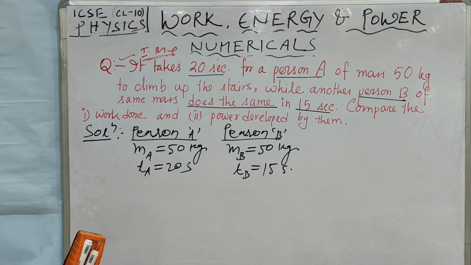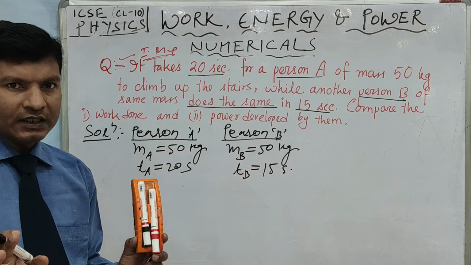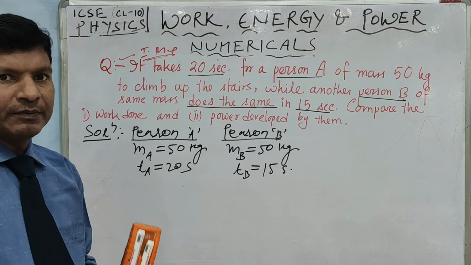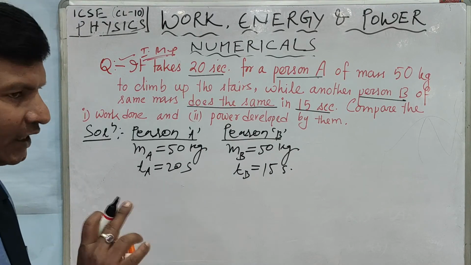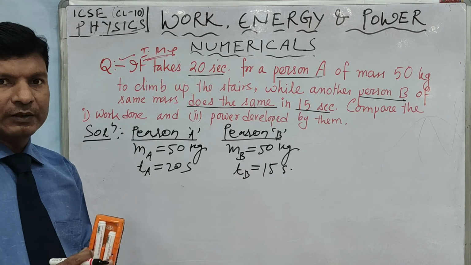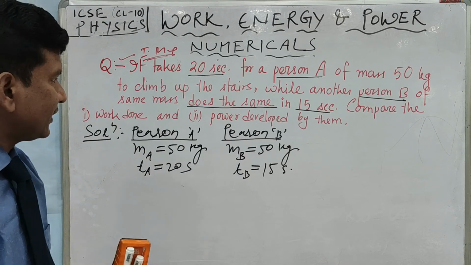Since they are going to a height above the ground, the acceleration due to gravity for both remains the same, that is either 10 or 9.8 meter per second square. The exact value will be 9.8 meter per second square, or approximately you can take 10 meter per second square.